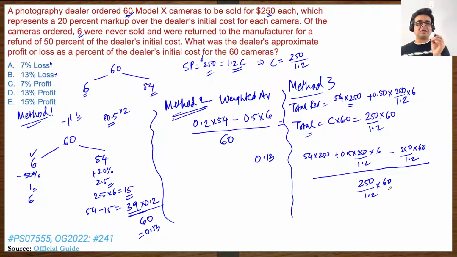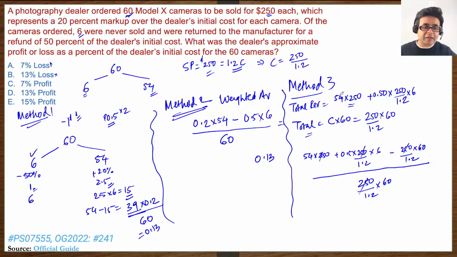Now here is one thing that is very important, and I hope you have noticed this one thing in method number 1 and method number 2. The selling price doesn't matter, and the cost price technically also doesn't matter. All that matters is the percentages, because as you can see, all of this kind of cancels out. 250 cancels out.